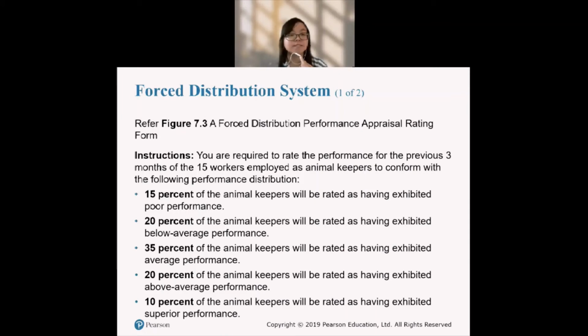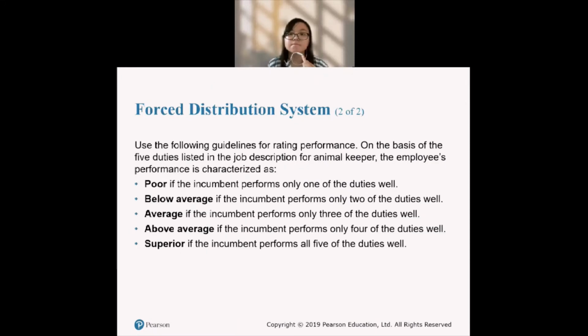Let us look at an example and assume that the supervisor must use the following forced distribution to rate the employees' performance: 15% well below average, 20% below average, 35% average, 20% above average, 10% well above average or superior. This distribution is problematic to the extent that the actual distribution of employee performance would be different from this forced distribution.